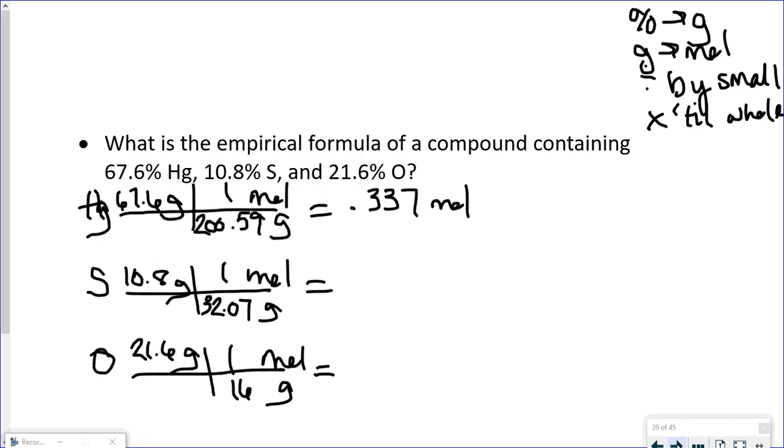For sulfur, 10.8 divided by 32.07 is 0.337 moles. And for oxygen, 21.6 divided by 16 is 1.35 moles.